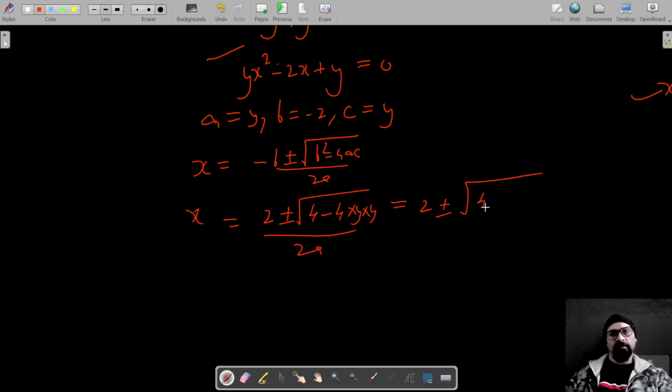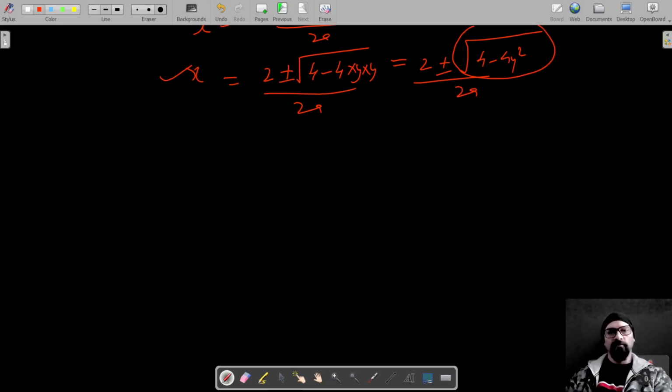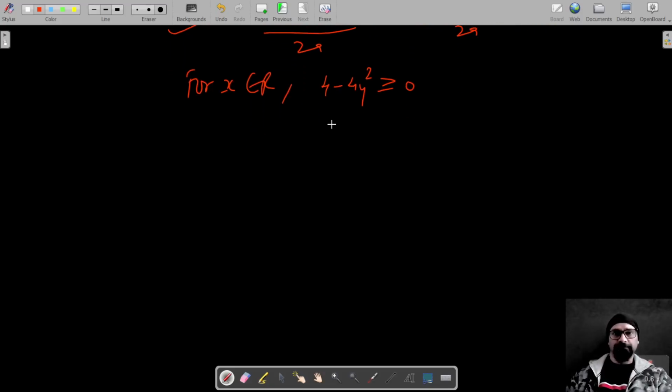Now this is root of 4 minus 4y square by 2a. Now the value of x is real only if this value is real. So for x to be real, under root of 4 minus 4y square should be greater than or equal to 0, because if this is negative, then we have x as imaginary numbers.